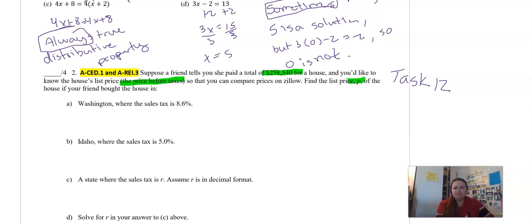Find the list price P of the house if your friend bought a house in Washington, where the sales tax is 8.6%, Idaho, where it's 5%, and in each state where it's R. Assume R is already a decimal.